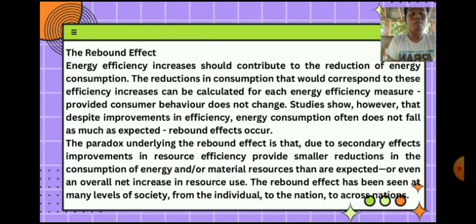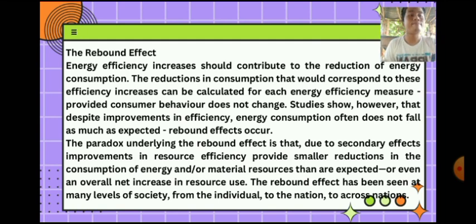The rebound effect has been seen at many levels of society, from the individual to the nation to across nations. And this is how the rebound effect works. Even a small energy efficiency gain can really cause a rebound effect.